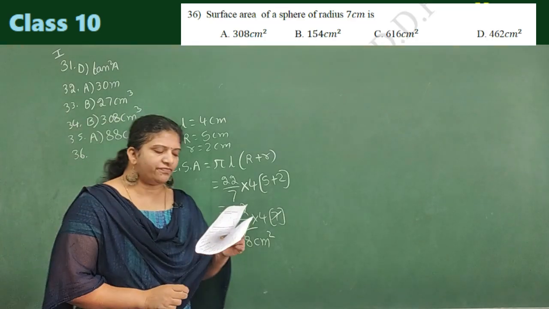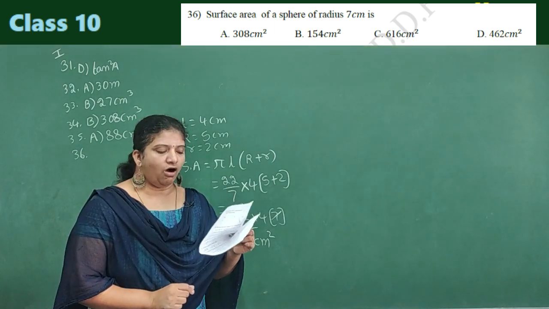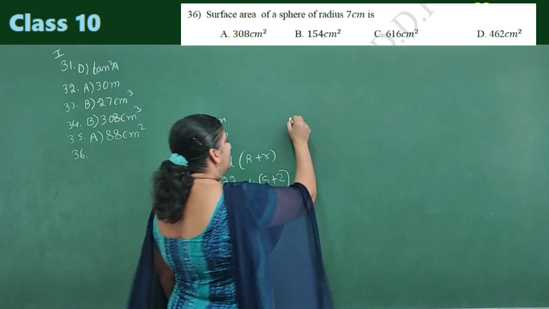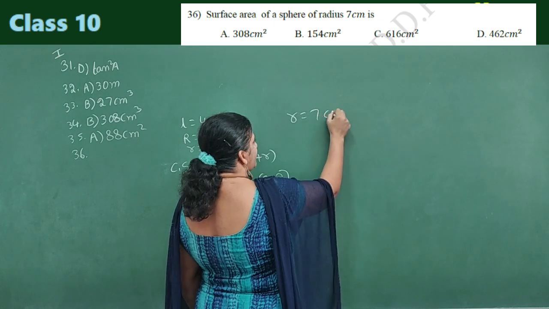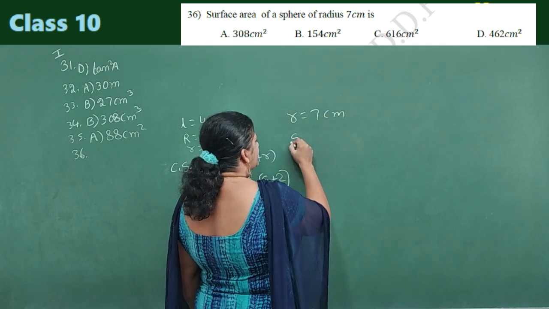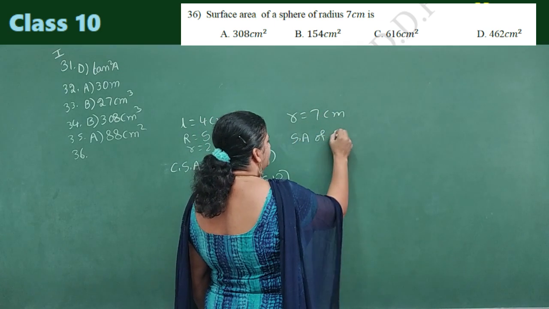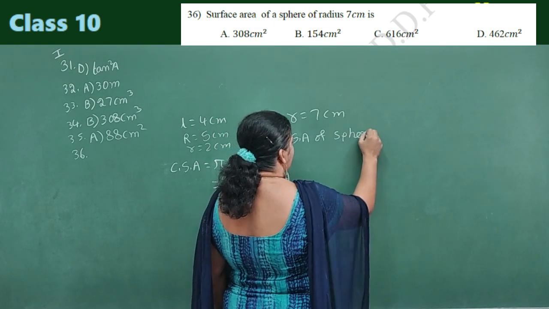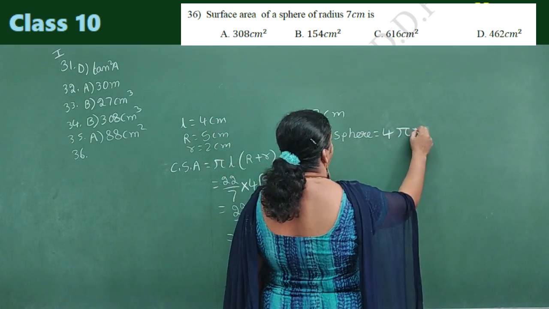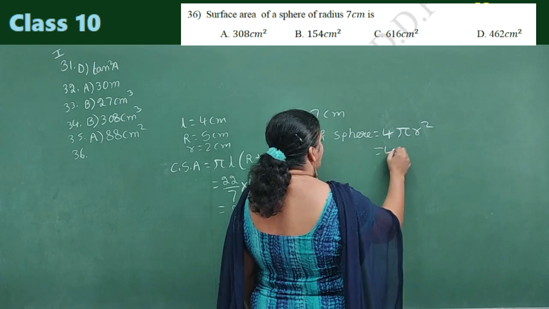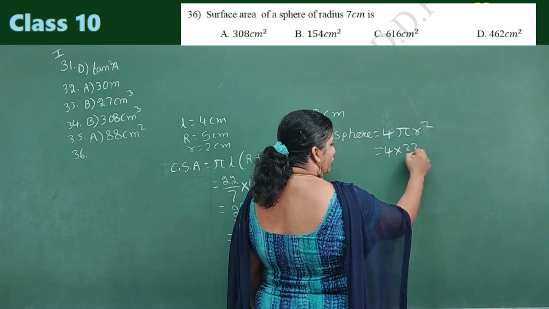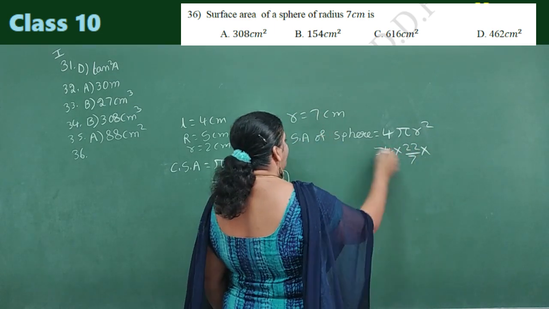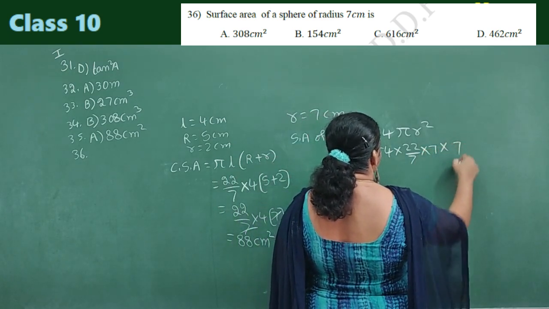36th one. Surface area of a sphere of radius 7 centimeters. R is equal to 7 centimeters. Surface area of sphere is equal to 4 pi r square. 4 into pi value is 22 by 7 and r value is 7 into 7.